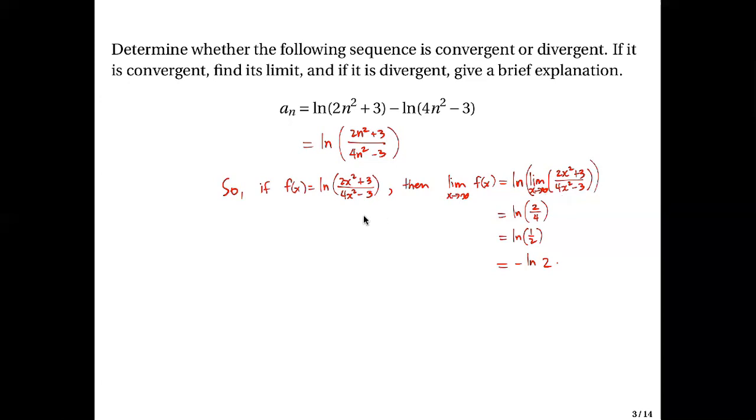That's why we define a continuous function instead of working only on the sequences where the domain is just the set of integers. So the limit as n approaches plus infinity of a sub n is also equal to negative ln of 2.